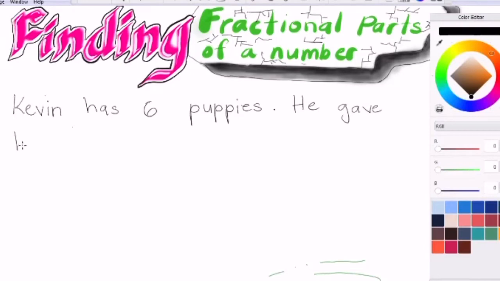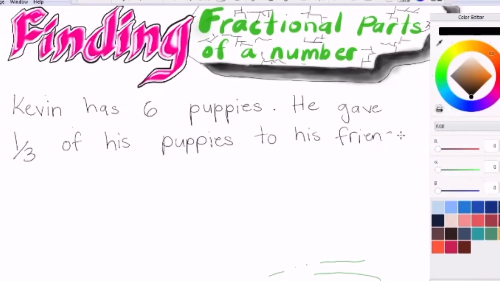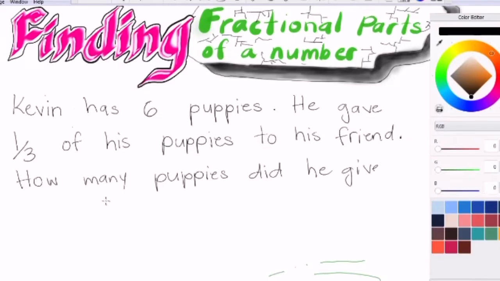He gave 1/3 of his puppies to his friend. Now we also know that Kevin gave 1/3 of the puppies to his friend. What we want to know is how many puppies did he give away?